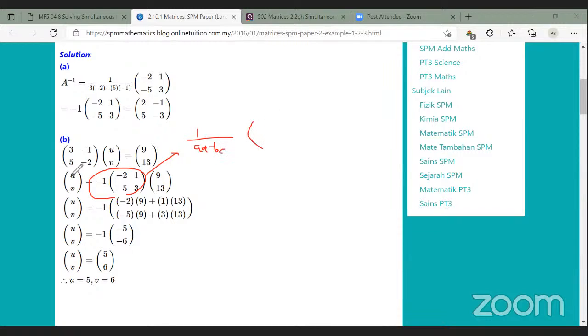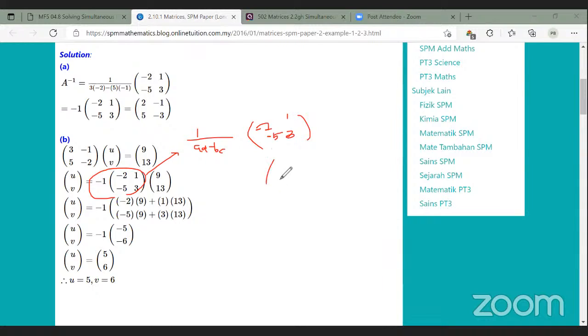And then here you sort of have to flip it according to the switching places A and D, and you times B and C with -1. So here you will put your -2, then here you have 3, and then here you have 1 and -5. So sorry if the writing isn't really that clear, but basically this is what happens.